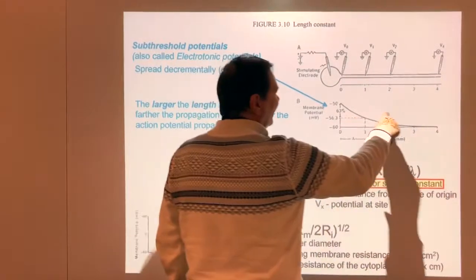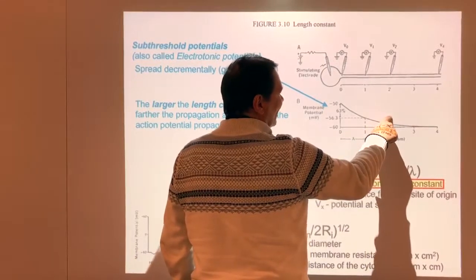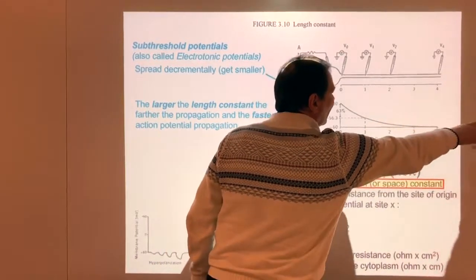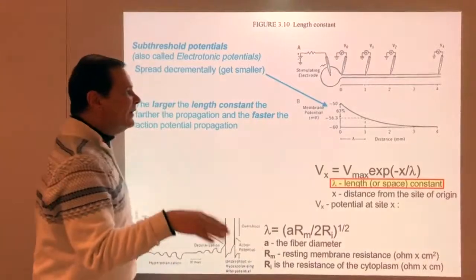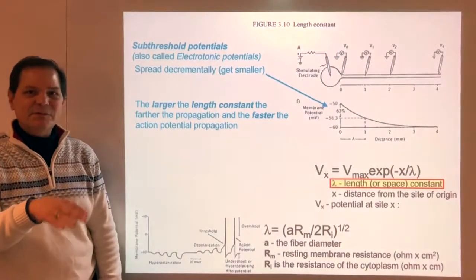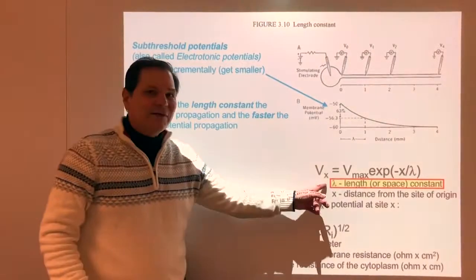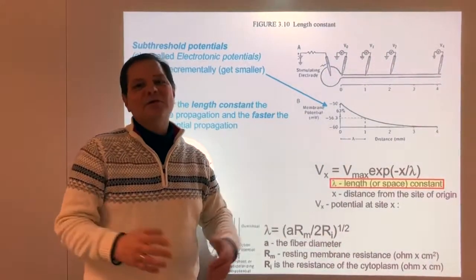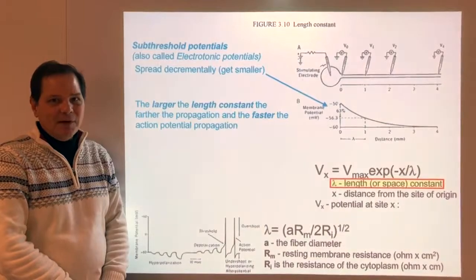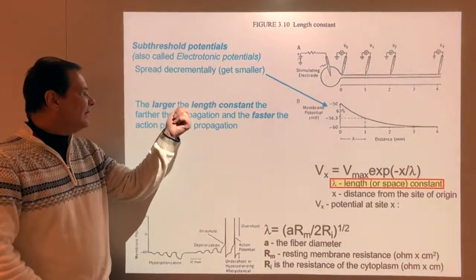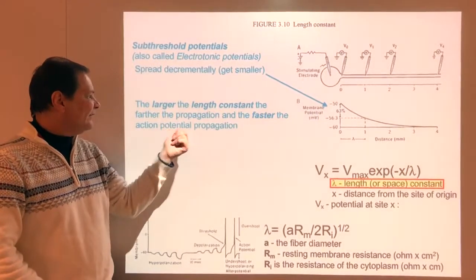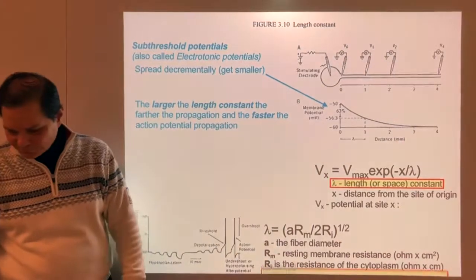If it's a large lambda at 1 millimeter away, at 2, it might be up here, and you'll propagate farther away. These peaks will still go down, but they won't go down as much with distance. And the higher that lambda is, the faster your action potential will propagate in that membrane, okay? So a high length constant means fast action potential propagation.